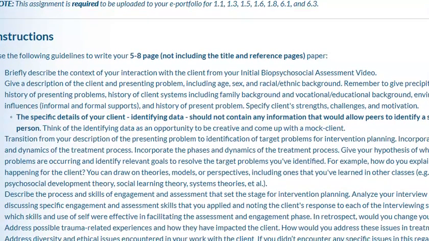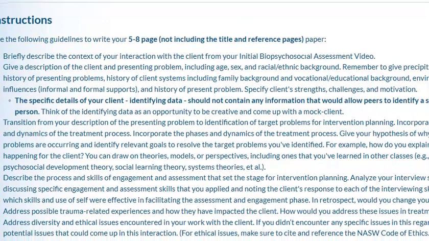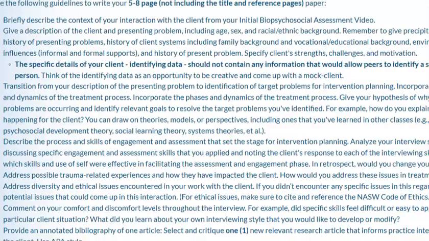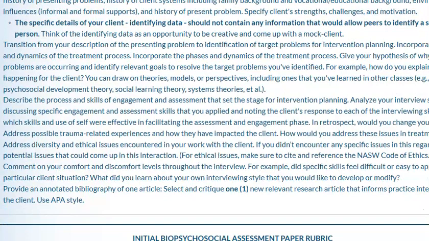And you can draw on theories to strengthen your discussion. Describe the process and skills of engagement and assessment that set the stage for the intervention. Address possible trauma-related experiences. Make sure to address issues of diversity and comment on your comfort or discomfort level throughout this interview. And as always, provide references for your paper in APA.